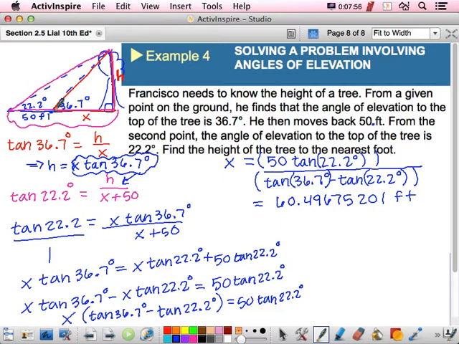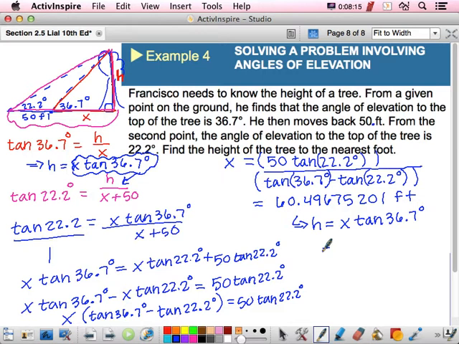To find that, we now have to substitute that value of x back into this bubble here. And that will tell us what h equals. So we know, finally, that h equals whatever x is times the tangent of 36.7 degrees.